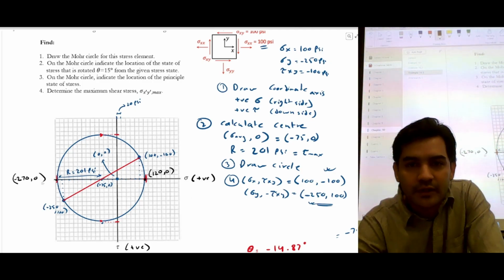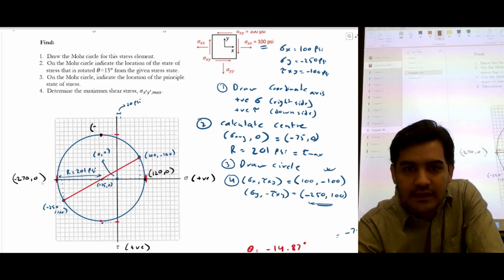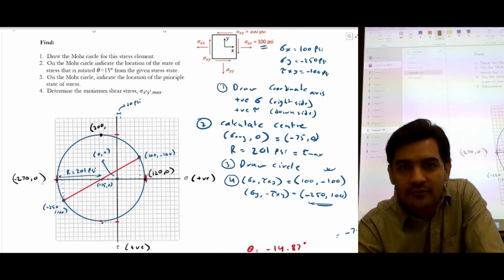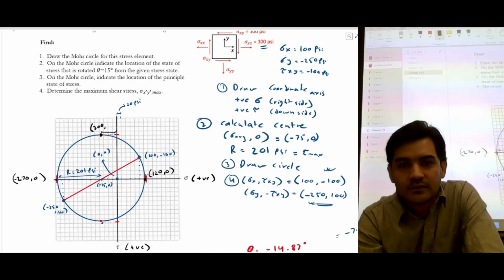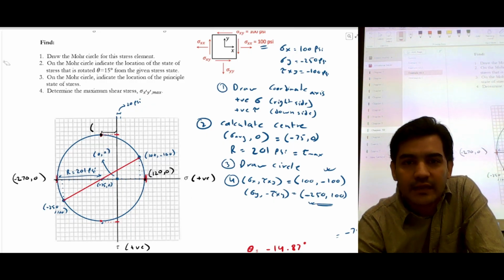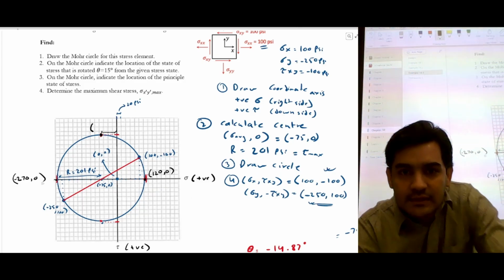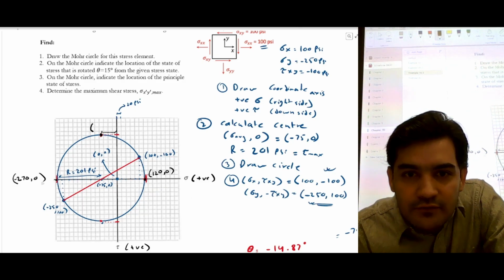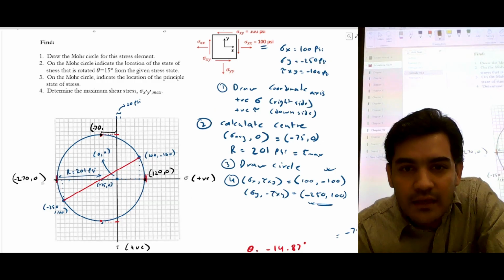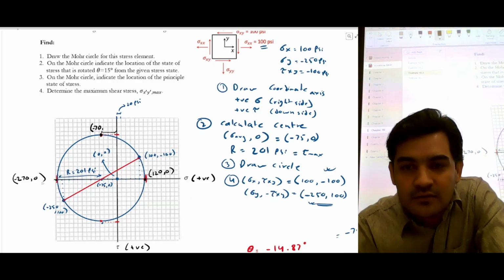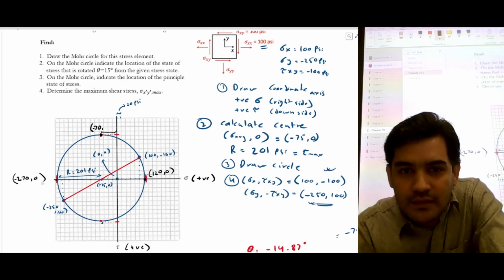And here, this point, the x-axis is the center, and this is the radius, so it's going to be 200. Oops, sorry. Our x-axis is negative 70, and our y-axis is the radius, right?